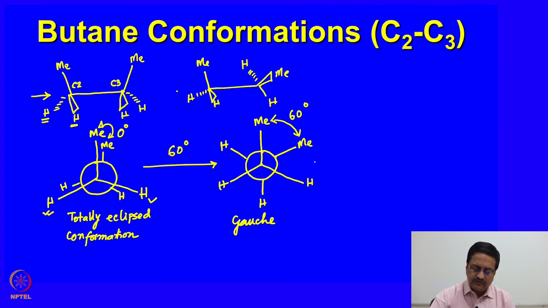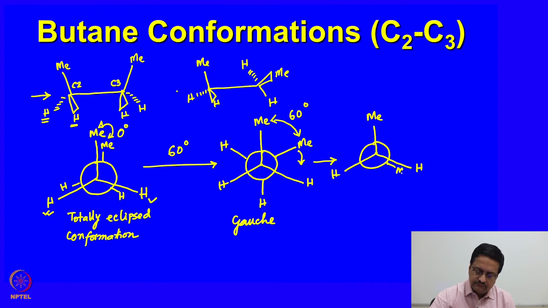The next possible conformation that we can think of is by rotation of this back carbon by another 60 degree. So in that case, what we would get is this conformation. So what we see here is that the methyl and hydrogen are eclipsed, and here the hydrogens are eclipsed.